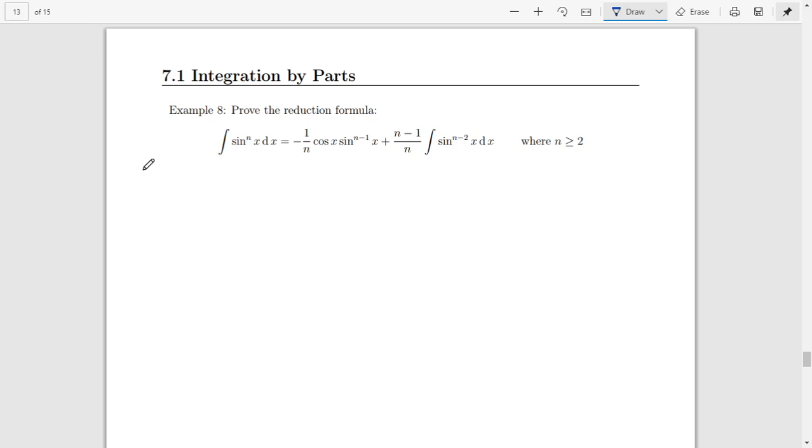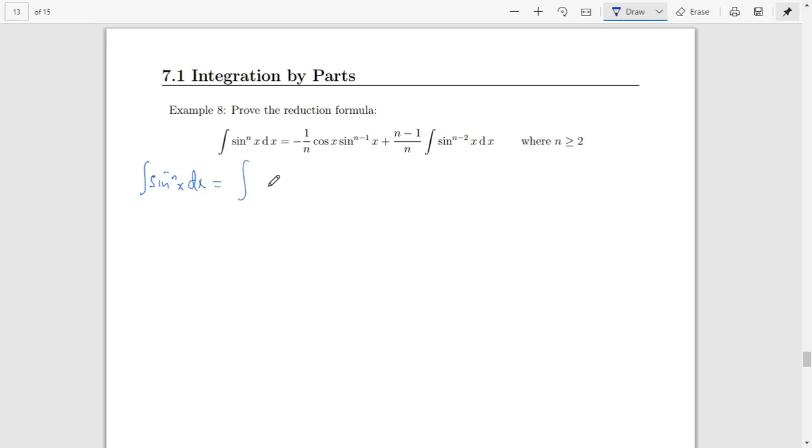I would like to split sine x to start my proof. Generally, this is how this proof is done. It's not like we're using any special trick. So I'm going to write the integral of sine to the power of n x dx.